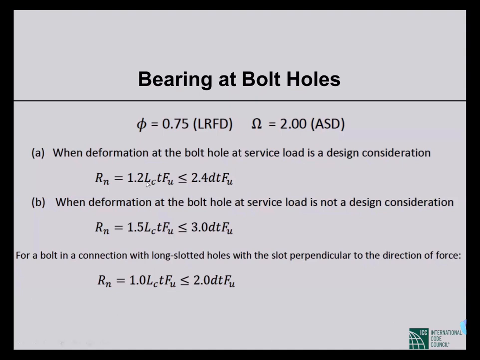You see, one with LC into T, that is related to tear out, and another is D into T. So 1.2 LC T FU is related to tear out, and 2.4 D into T into FU is related to bearing type. So in each case, we have these different types of criteria.